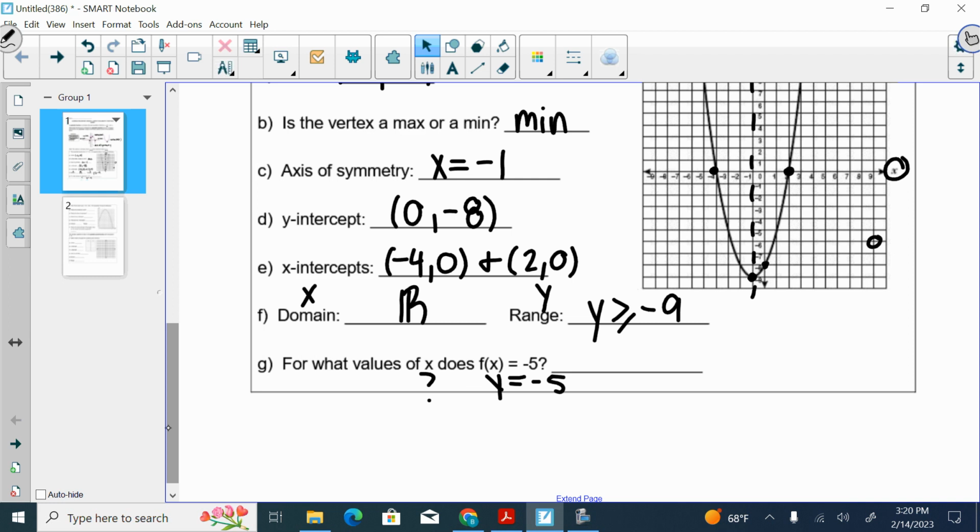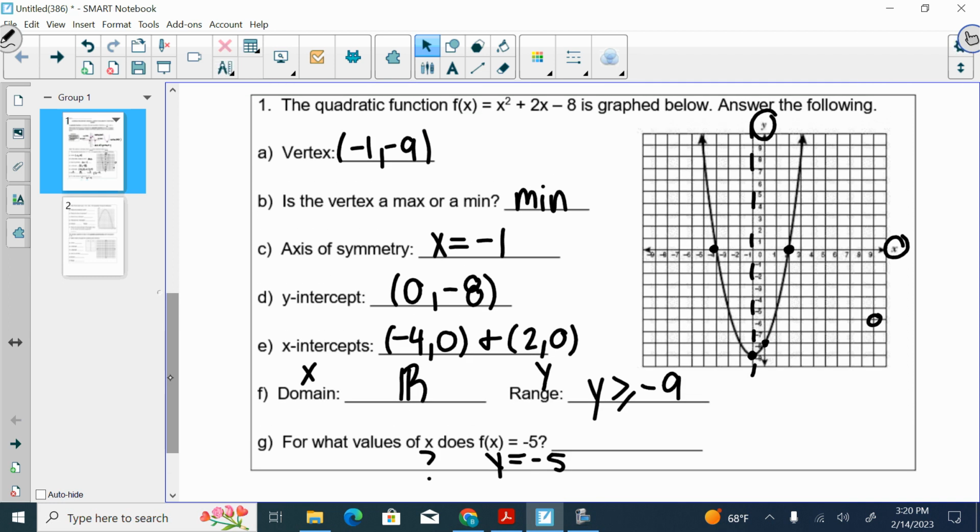So I'm going to go over here to my graph and find y of -5. So there's my y at -5 right here on this line, right? So how many places does that touch my graph at? 2. Okay, so it touches once here and once here.